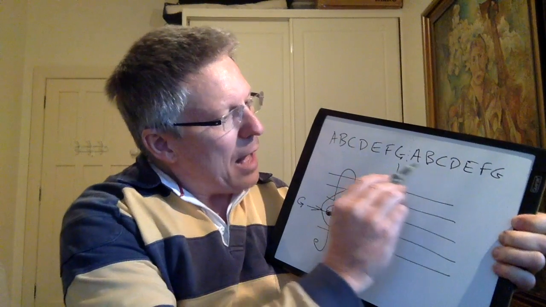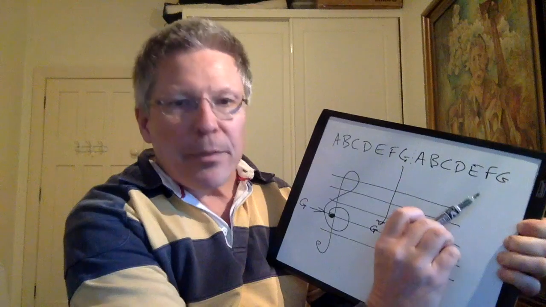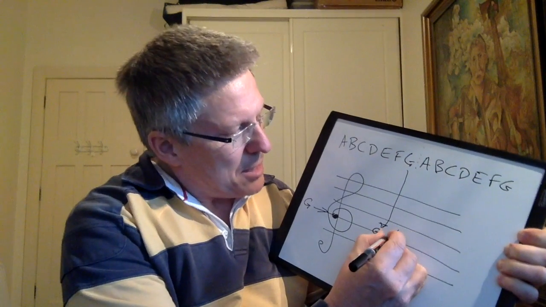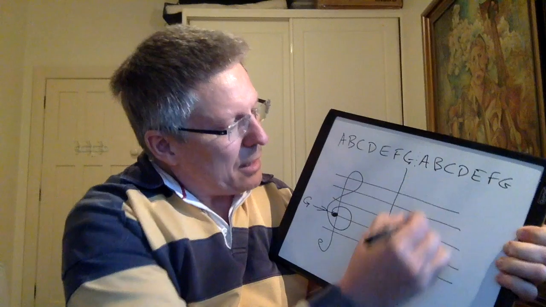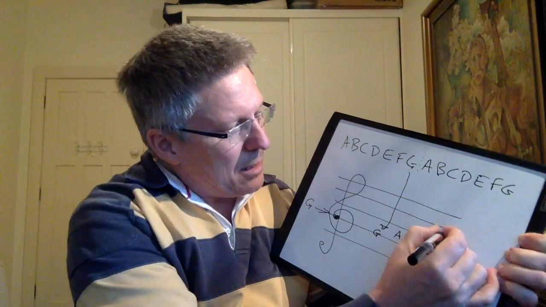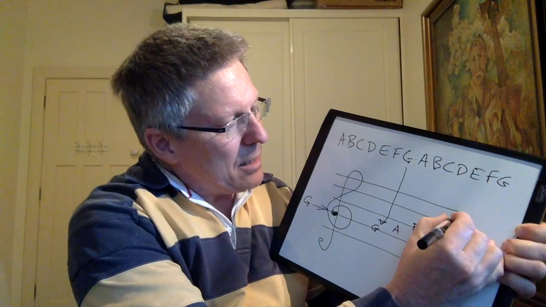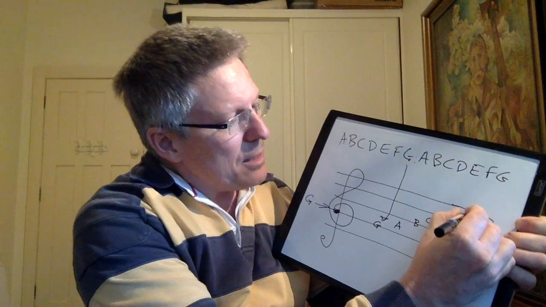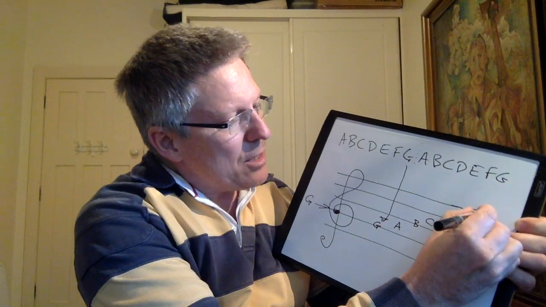Now, if we move up the alphabet and up the lines and spaces, we can literally just fill them in like the alphabet. So the next letter is A, that becomes a space here. The B is a line, C is a space, D is a line, E is a space, I'll just continue them out a bit further, F is a line, and G is the top space there.